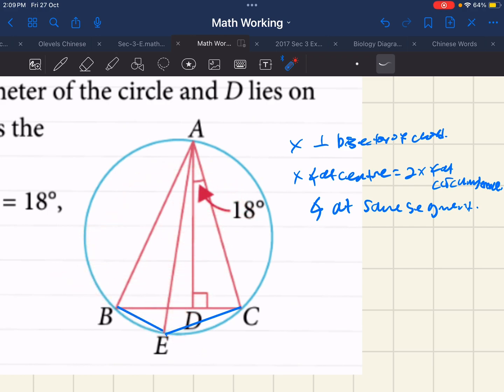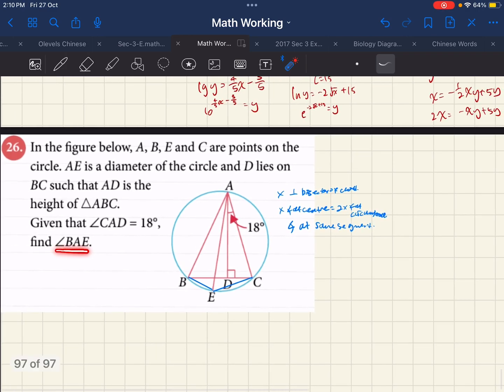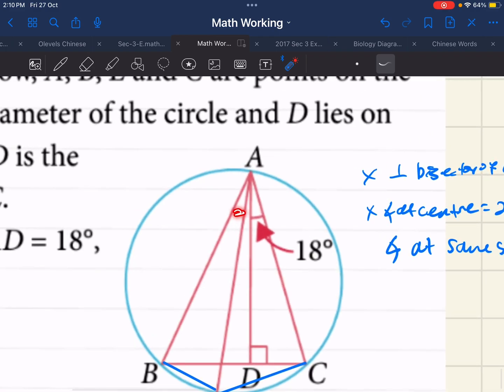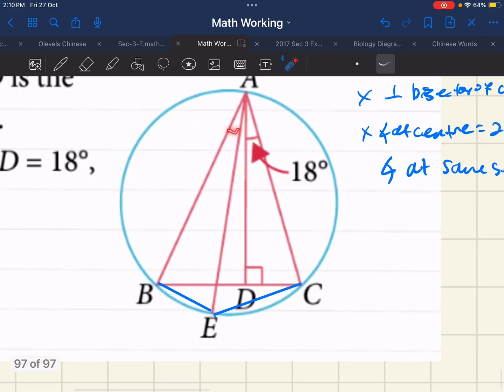This line, cut across, gives your minor segment. So this point is on the circle, this point is on the circle, right? So this angle BAE, which is what we are trying to find, is also equal to this angle. Why? Because angle in the same segment.